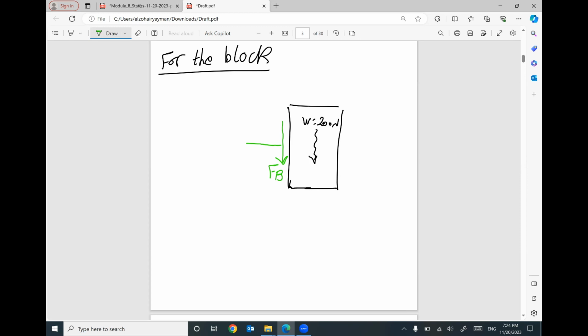And because we have friction, we have normal force, perpendicular force, capital NB. And keep in your mind, this FB will equal mu times NB, so will equal 0.3 capital NB. This is the force FB. That makes sense?